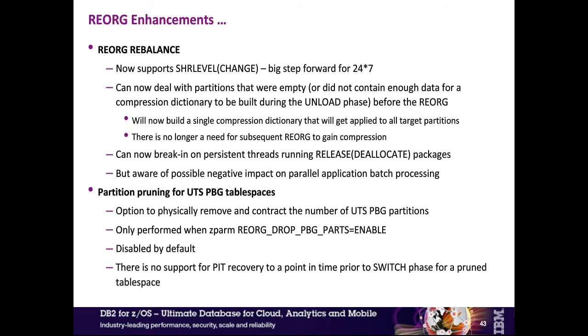The reason for that is that many of you use tools like DSN1COPY to move data from one system to another, and therefore it's very important that the number of partitions in a UTS PBG table space is the same in both systems. But for those people who do want to contract back the number of UTS PBG partitions, this is a very nice new option.